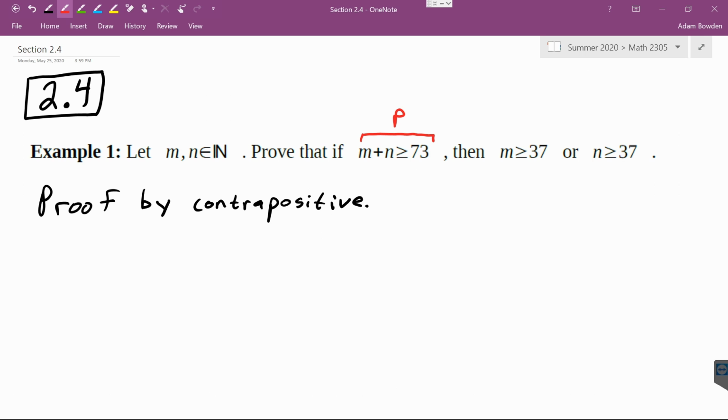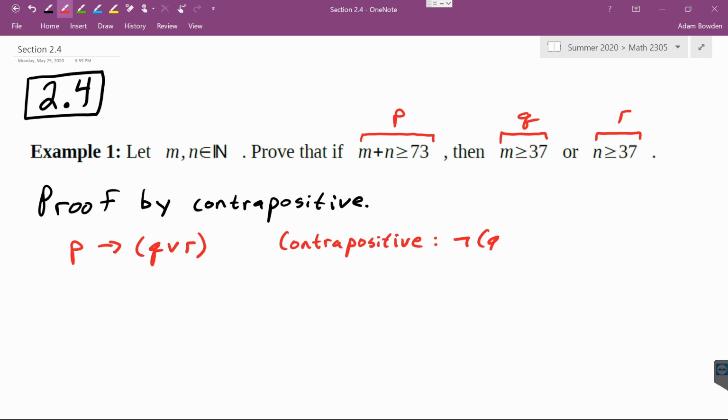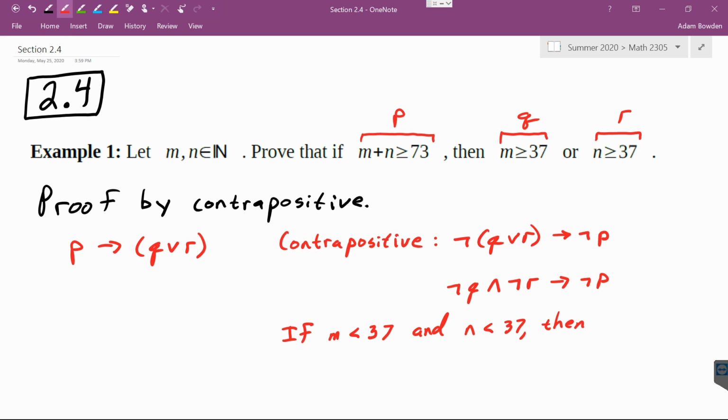I let this first part be represented by P, this one by Q, and this part by R. So the proposition has the form P implies Q or R, and the contrapositive has the form not (Q or R) implies not P. By De Morgan's law, the not changes it into not Q and not R implies not P. The way we write this in words was, if m is less than 37 and n is less than 37, then m plus n is less than 73.